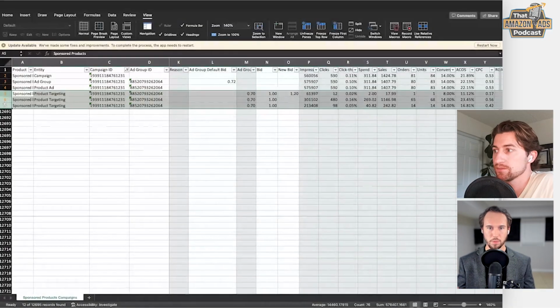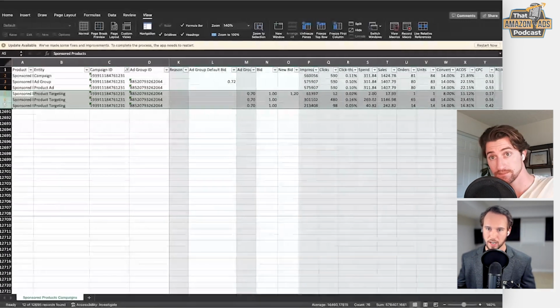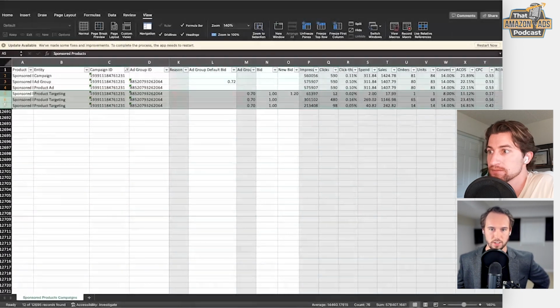Having this benchmark of 72 cents informs us that these bids were already too high as is, and them being at $1 or $1.20 isn't necessarily delivering additional clicks and sales and impressions and only opens you up to vulnerability. It acts as almost like a guiding light, or safety rail, to prevent things like this.